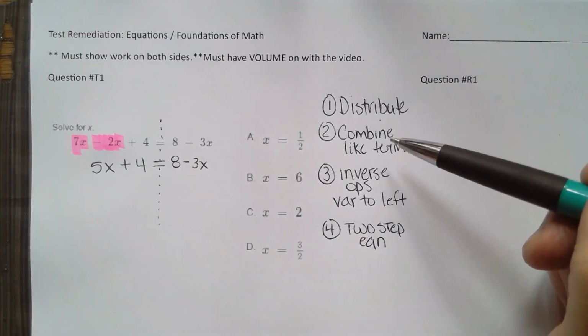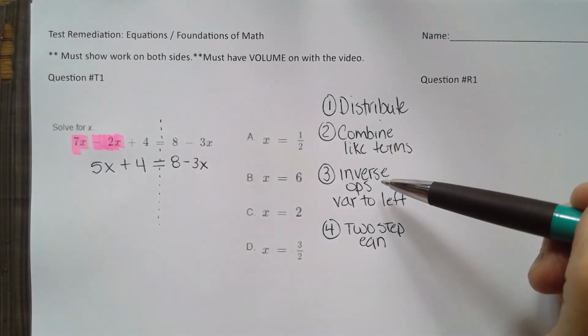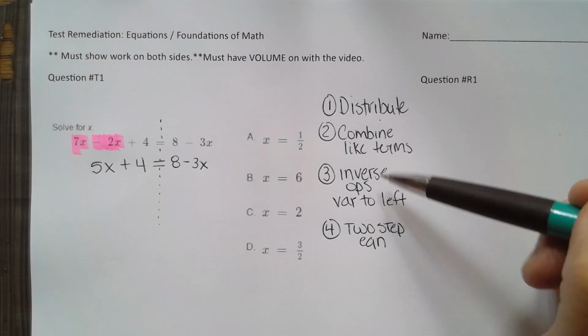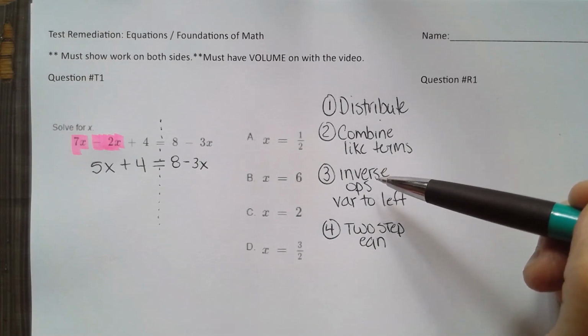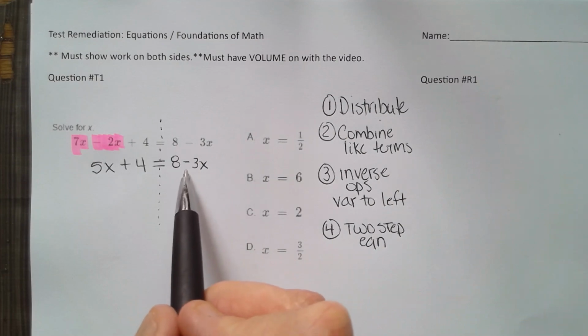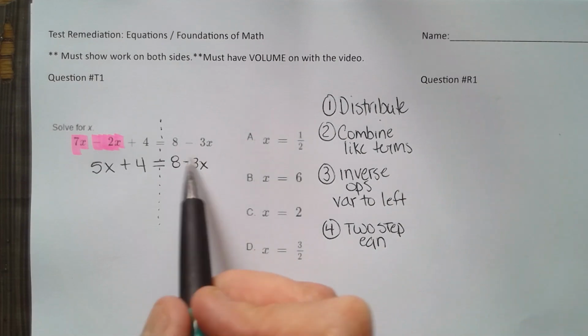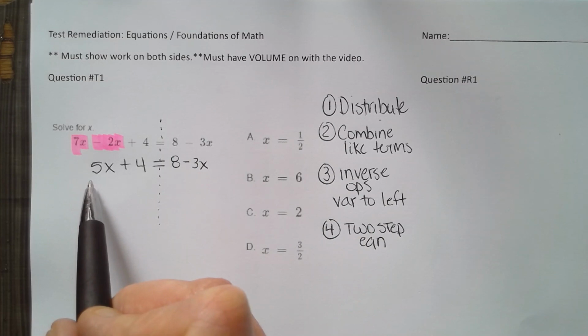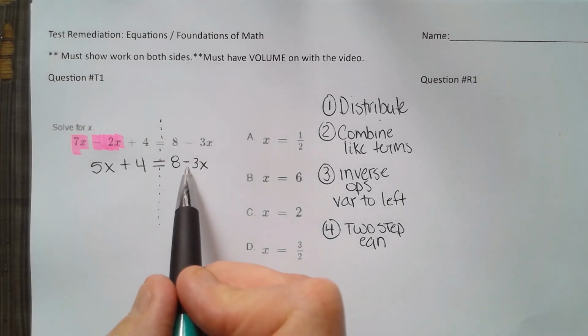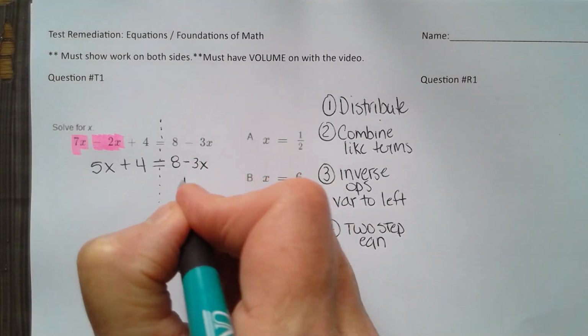Okay. The next step is to get the variables on the left-hand side together, and we're going to do inverse operations. So I have a negative 3x, which I need to get on the other side. So what I'm going to do is I'm going to do the opposite of subtracting 3x.